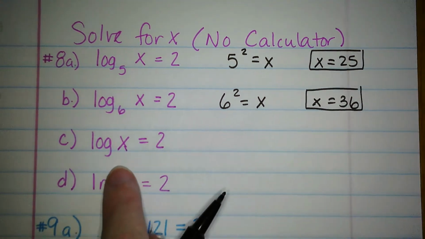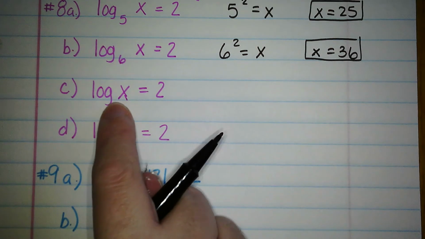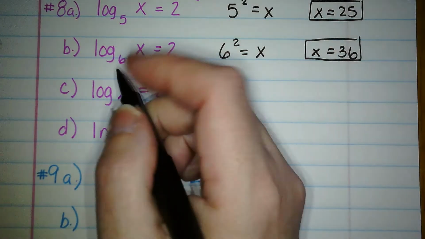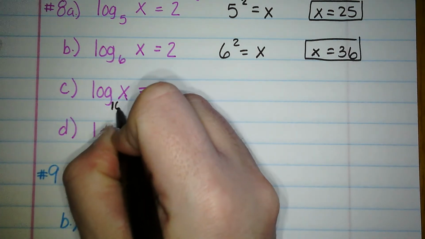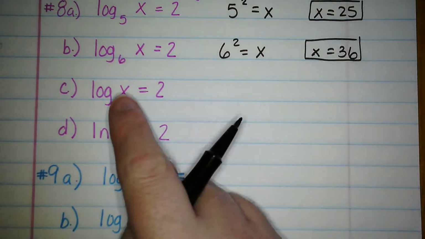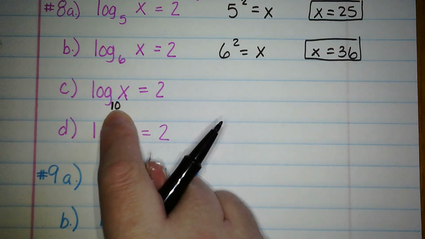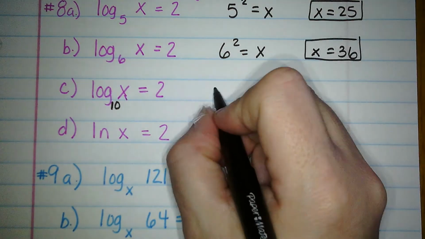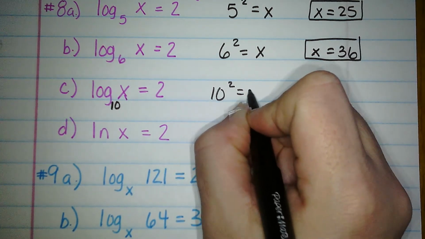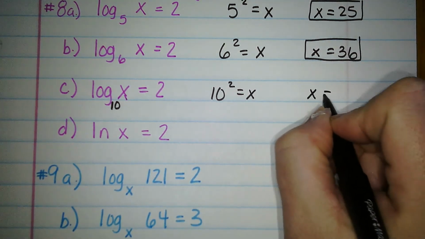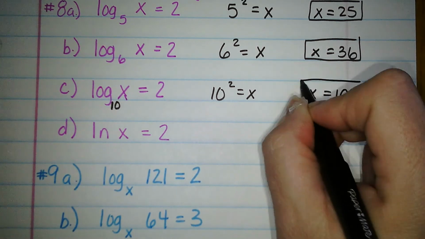This one's a little bit different because the log doesn't have a base. So remember, if there's no base written, the log has a base of 10 as it's understood. So our base is 10. Our exponent is 2. So this is 10 squared equals our answer. So our answer must be 100.